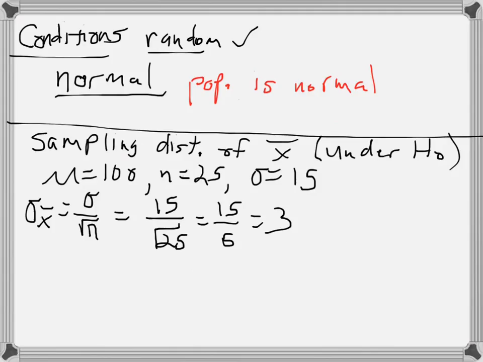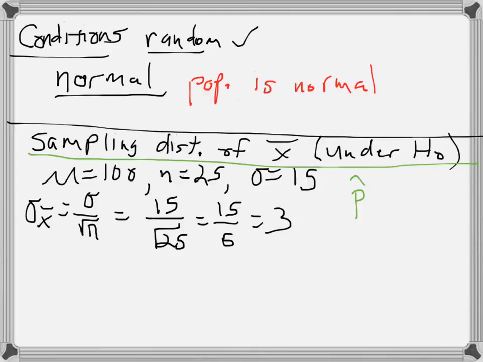I check my conditions. I need to make sure that my population is random, and this normal condition, when I say this normal condition, it doesn't mean that the population is normal. What it means is what we learned in chapter 5, that the sampling distribution of x bar is normal, or when we get there later, p hat, proportions.